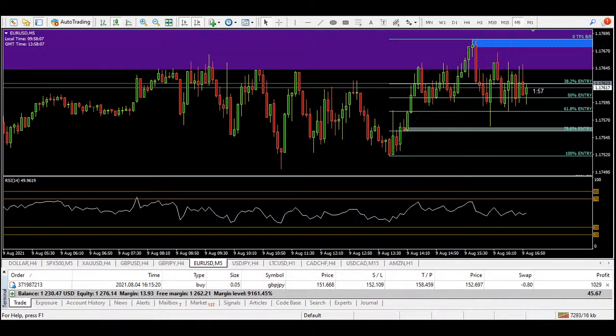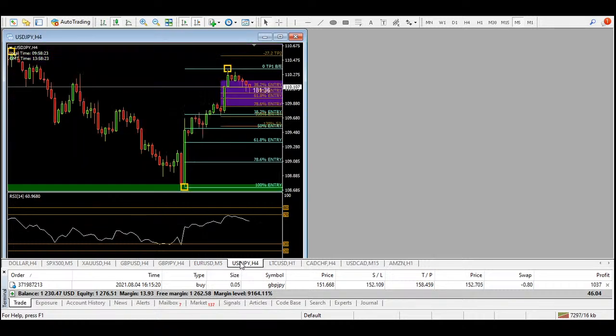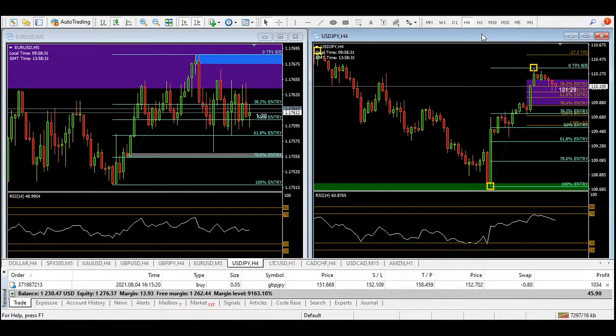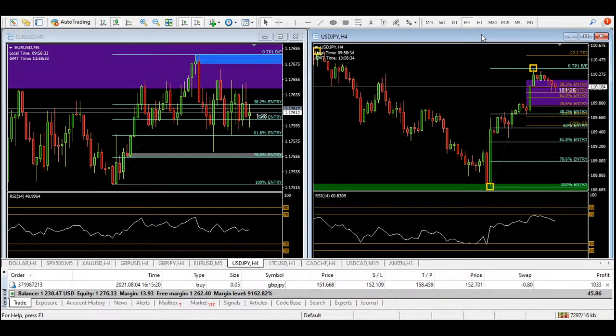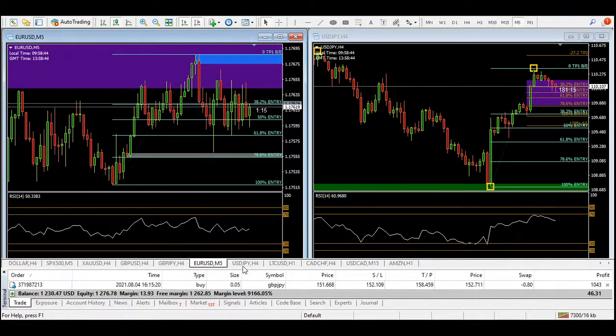Back. Let's see. Euro USD is cheating down before the news. I'm thinking USD CAD would be better since both those guys are in session technically.